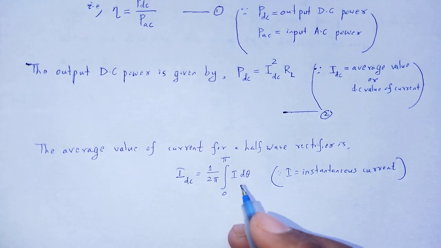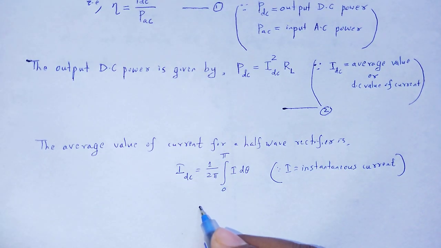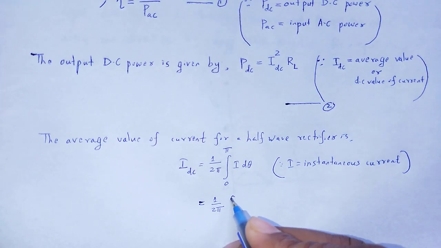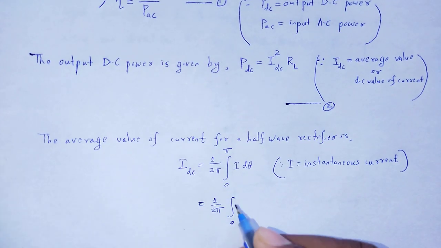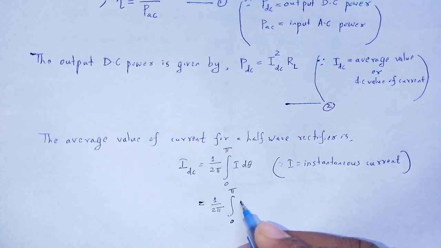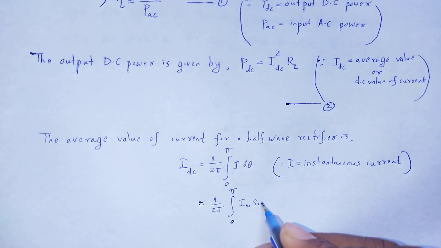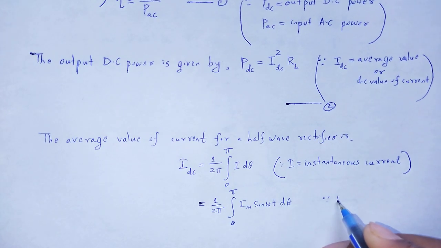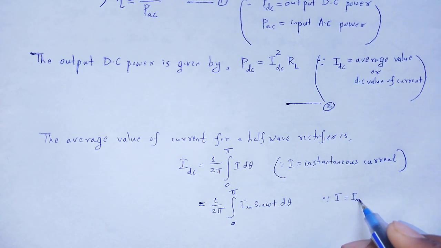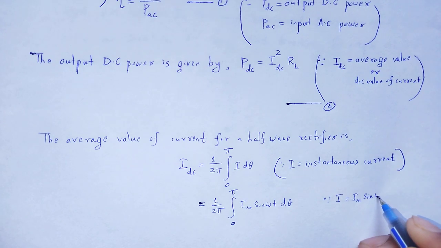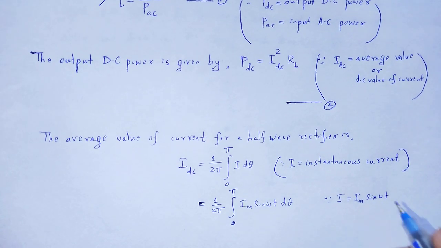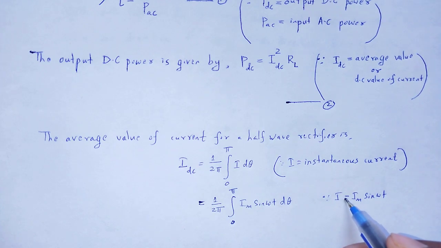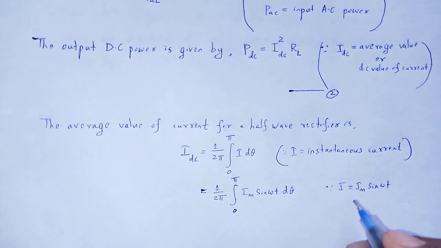The instantaneous current is put in: 1 by 2 pi integral from 0 to pi of I m sin omega t d theta, where I is equal to I m sin omega t. Instantaneous current is the peak current times the sine of that value.